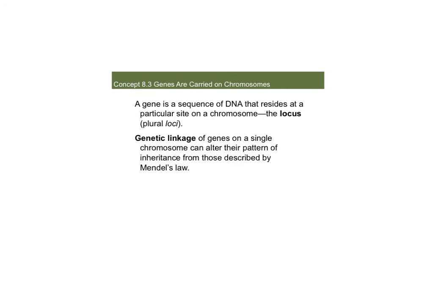Now, when we're talking about genes, the sequence of DNA that's on a chromosome, these are located at a locus. This is essentially where on the chromosome that gene is. Now, these loci matter because of genetic linkage. This is where certain genes that are on a single chromosome can alter their inheritance pattern because they are linked.